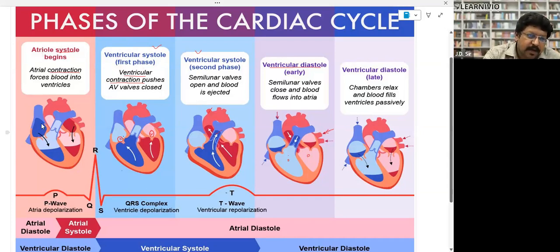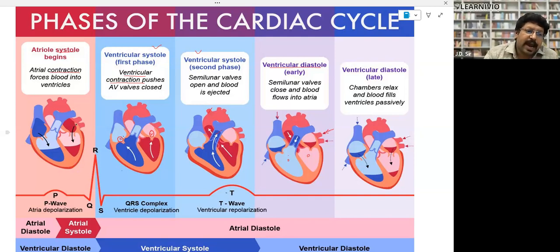Look, blood is already filled in the right and left atrium. I want your 100% focus, Rabia. Now the tricuspid valve will open and the bicuspid valve will open, and blood will start moving from the right and left atrium to the right and left ventricle.